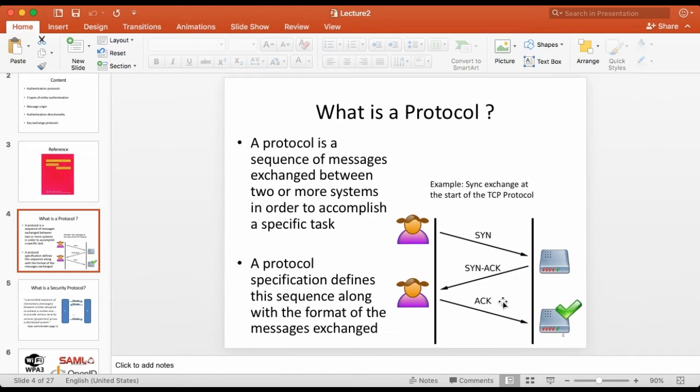Now, essentially, there are various ways that you can define a protocol. Sometimes those ways are informal, just in plain English. Sometimes they are more implementation oriented, perhaps in a particular programming language.